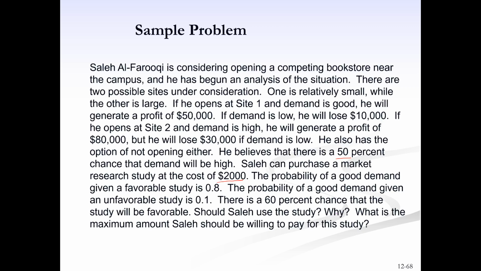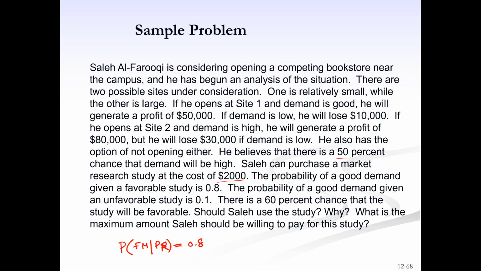Now, probability of good demand, given that a favorable study, which means probability of favorable market, if you like, we can use the same symbols, given that the favorable study, which is positive report, is equal to 0.8, and the probability of a good demand given an unfavorable study is 0.1.